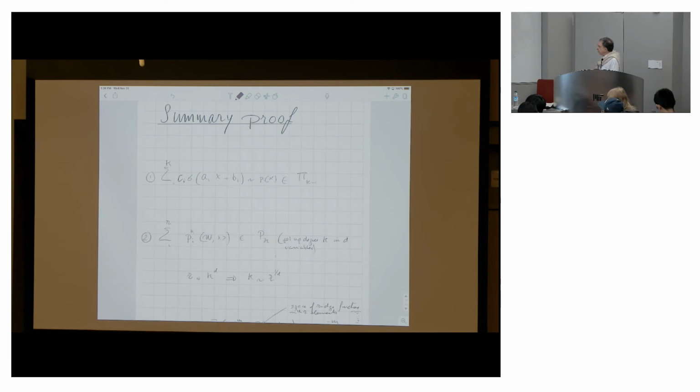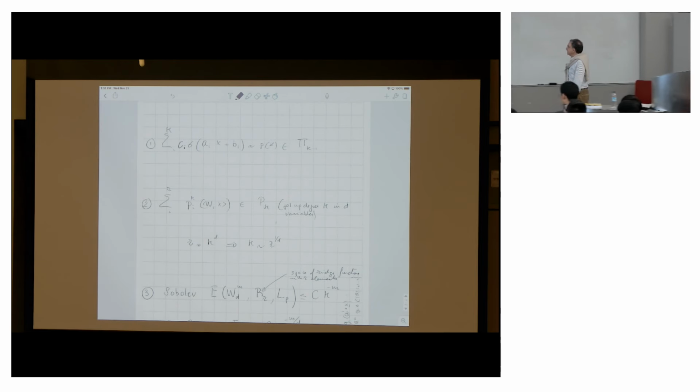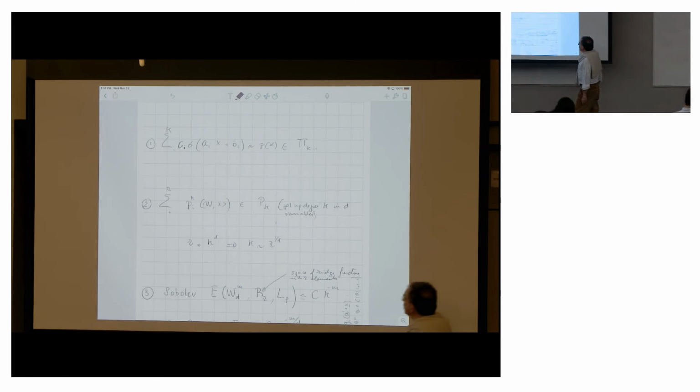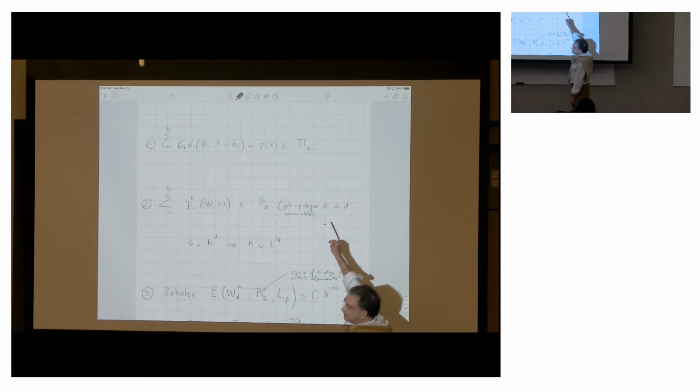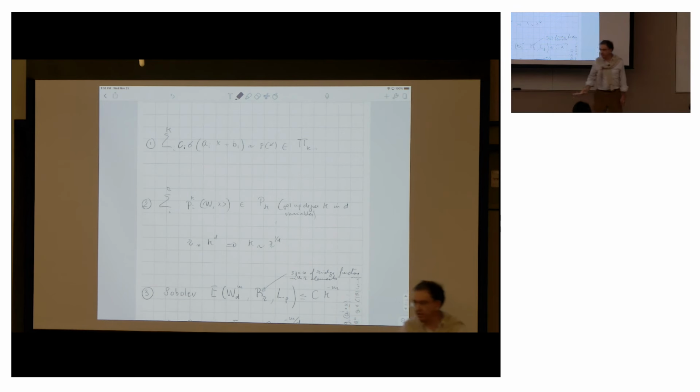And the logic of the proof is the following. I'll first prove that networks of that type, shallow networks with sigmoids, can approximate arbitrarily well, and I'll give you numbers, with a certain number of units, univariate polynomials.